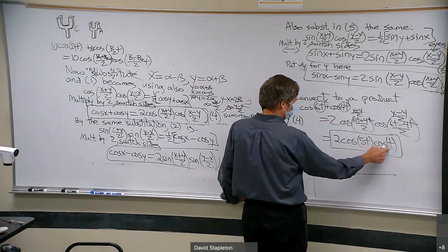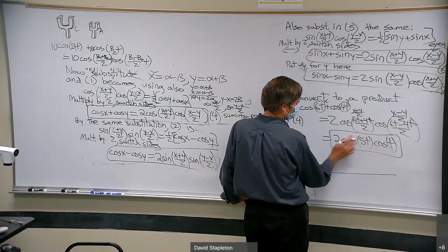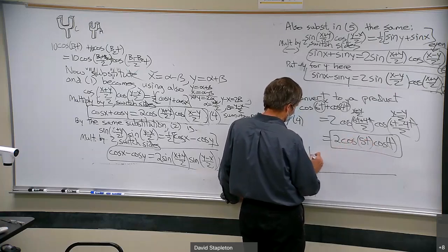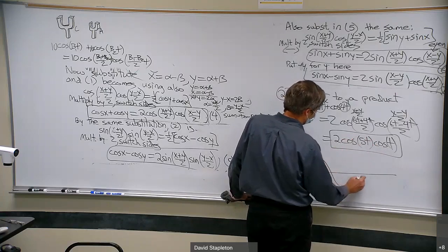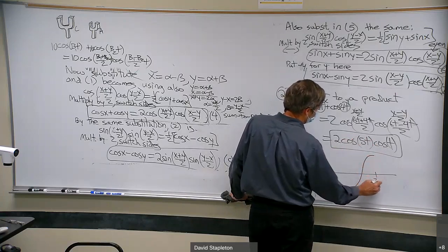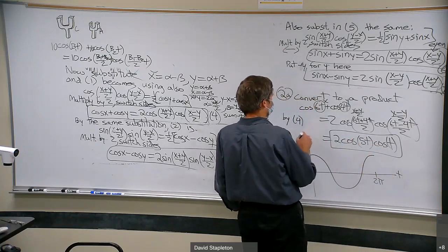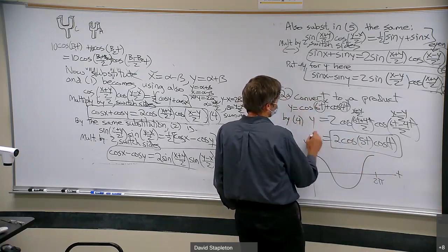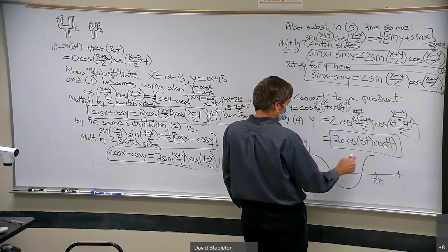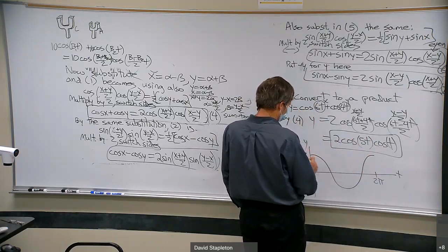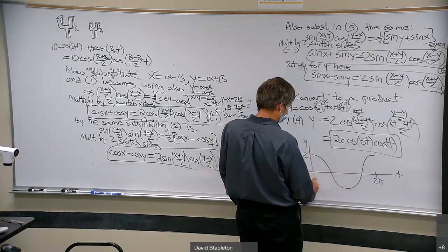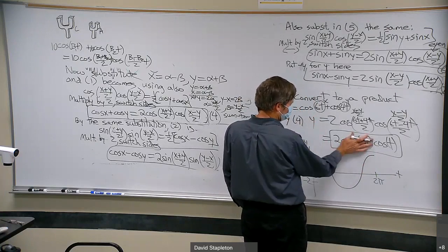If I forget the cosine 5t and plot 2 cosine t, I know it looks like this. It has period 2 pi. T versus y, and it goes between plus and minus 2. That's just this one, 2 cosine t.